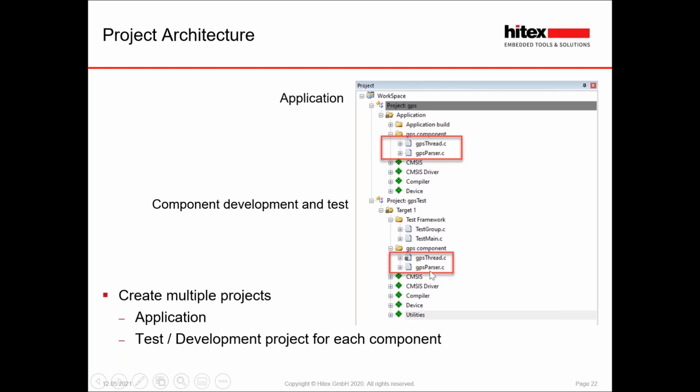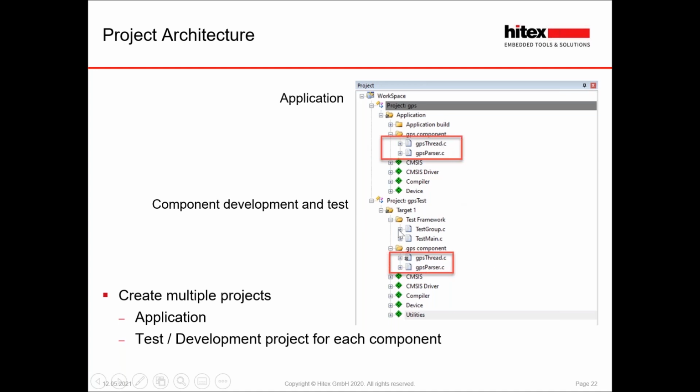And then we can add in our test code, and we can run all of our tests within this sub-project before we migrate it into the application framework. And indeed, these test frameworks can become development frameworks. So it allows us to write the GPS code in isolation and build up its framework as we go along before we migrate it into the validation.